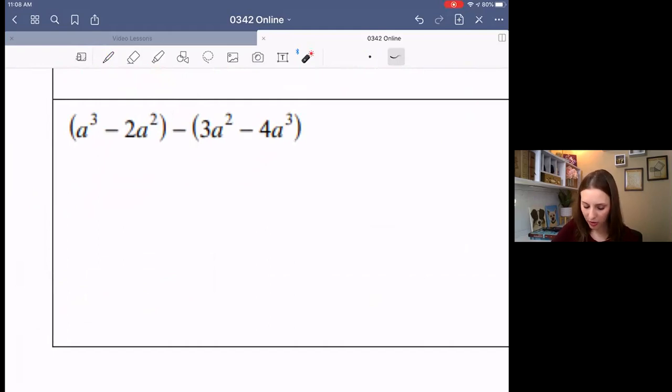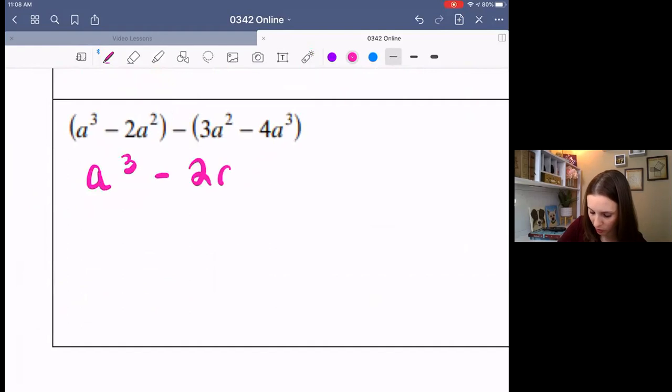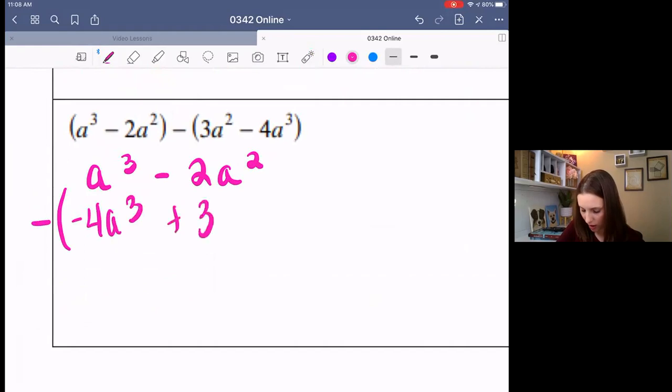So if I'm going to write this vertically, I'm still going to stack the like terms, but I have a minus out here. So I'm still going to write it just like it looks. But this minus out front means that I'm subtracting both of these terms, not just one of them.